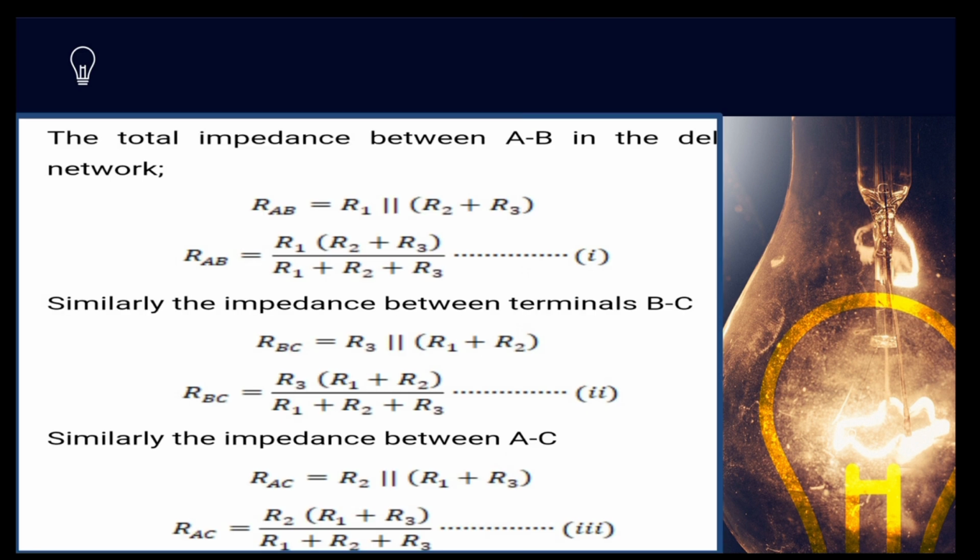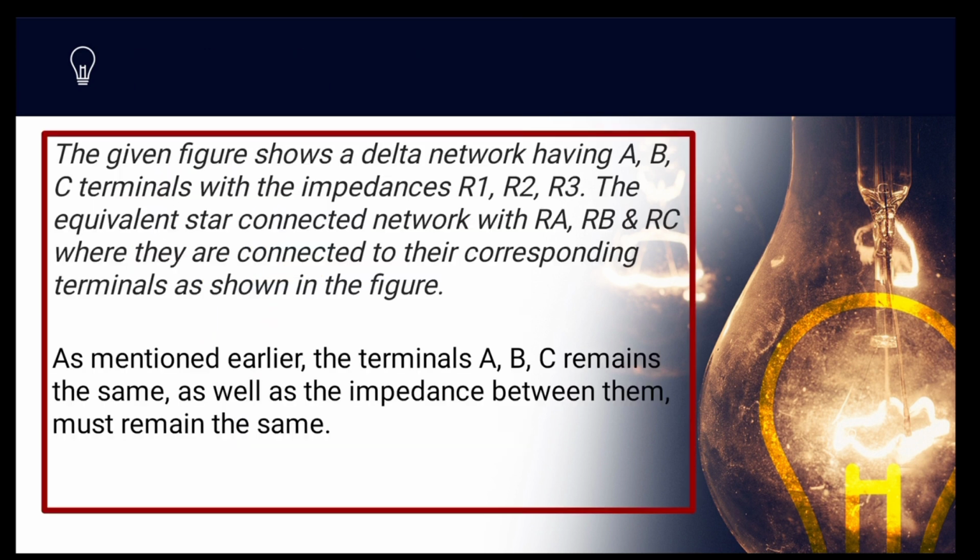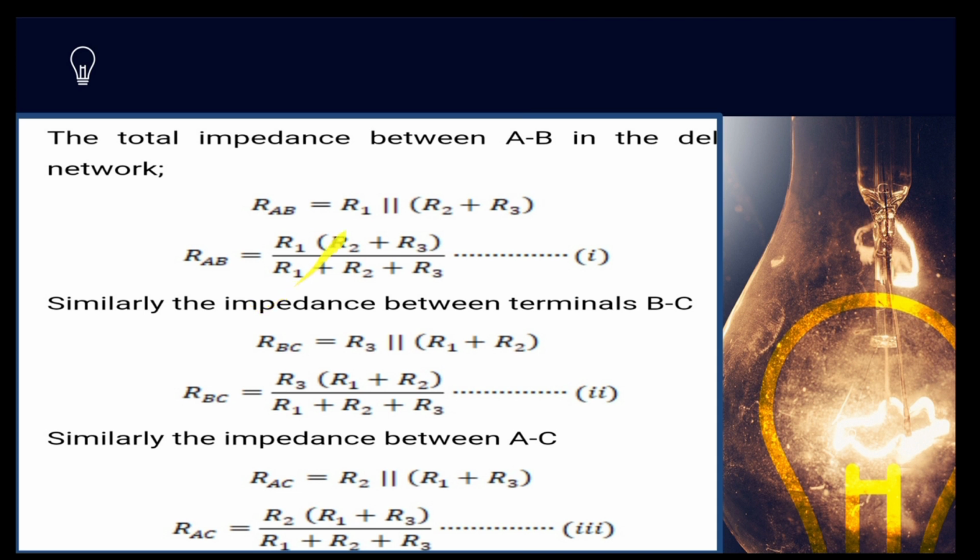Now let us try to make equations. The total impedance between A and B in the delta network, RAB, is R1 in parallel with R2 and R3 in series.